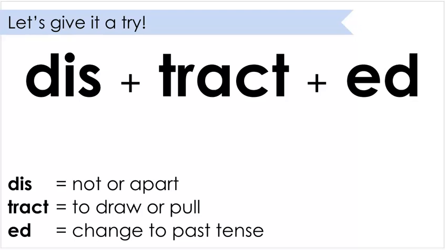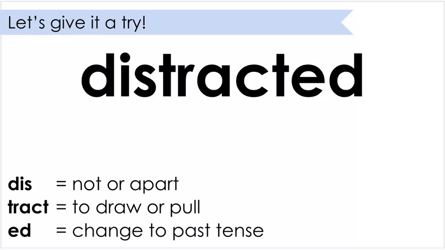That way we can make a real word. So we're going to add dis, which means not or apart, tract, which means to draw or pull, and ed, which is a change to past tense. If I put those together, what's my word? Distracted. That's correct. What might that mean if I put those definitions together?